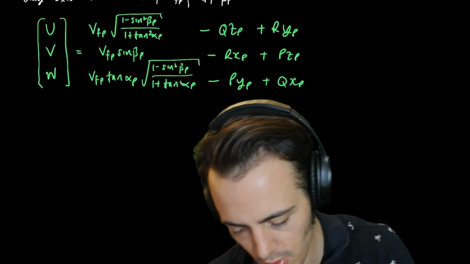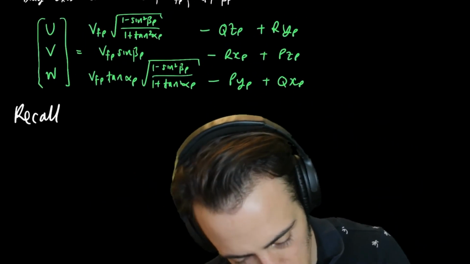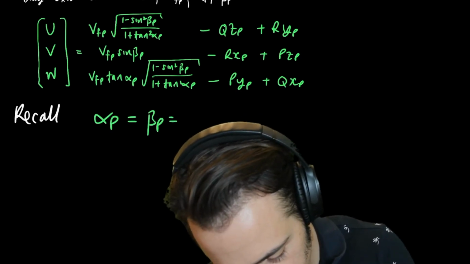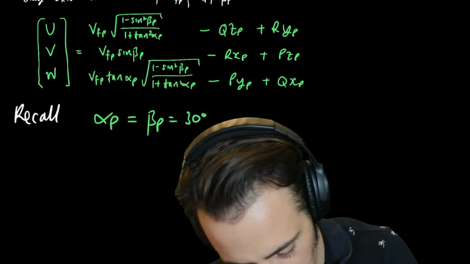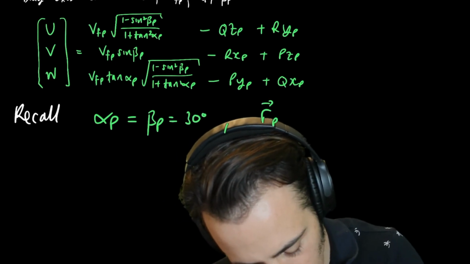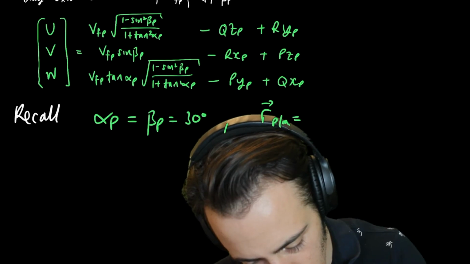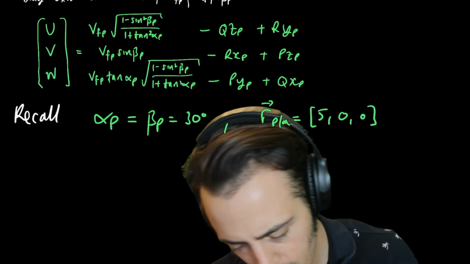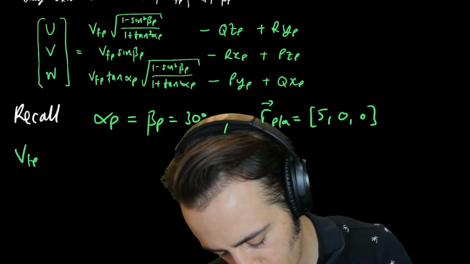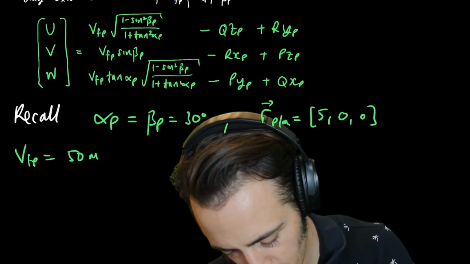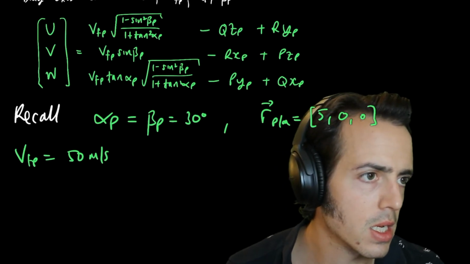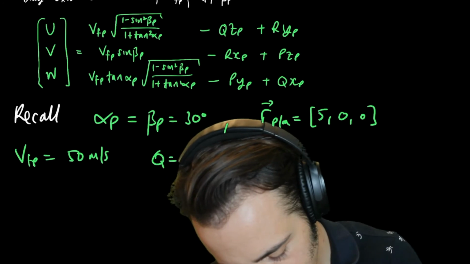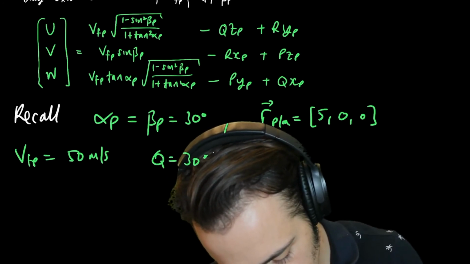So recall, alpha P, beta P is equal to 30 degrees, RP on A was 5, 0 and 0, VFP was 50 meters per second, and I'm going to look back at my question sheet at the pitch rate Q is 30 degrees per second.